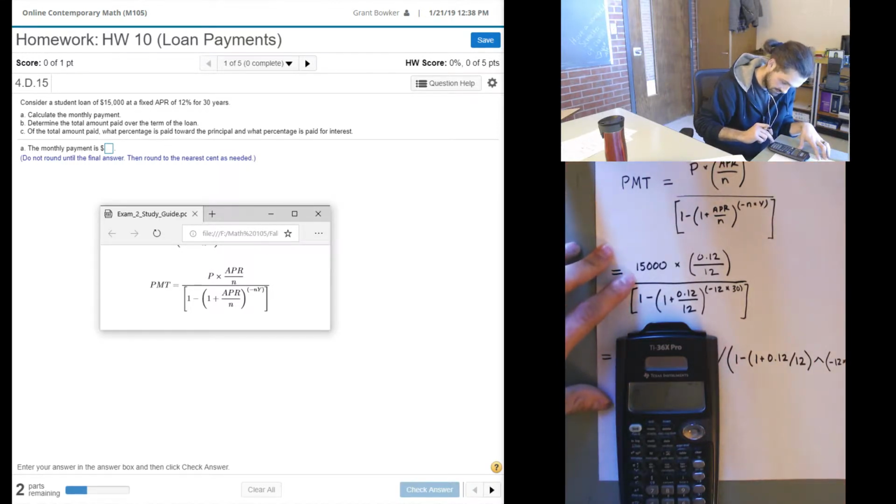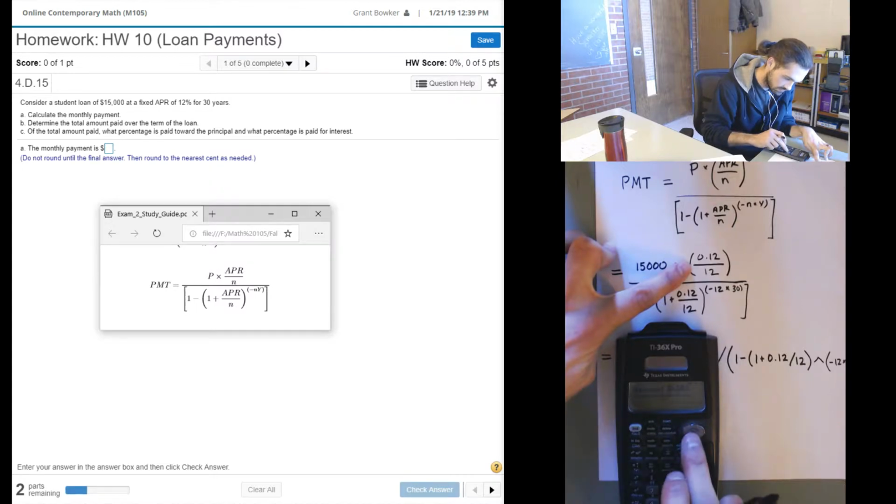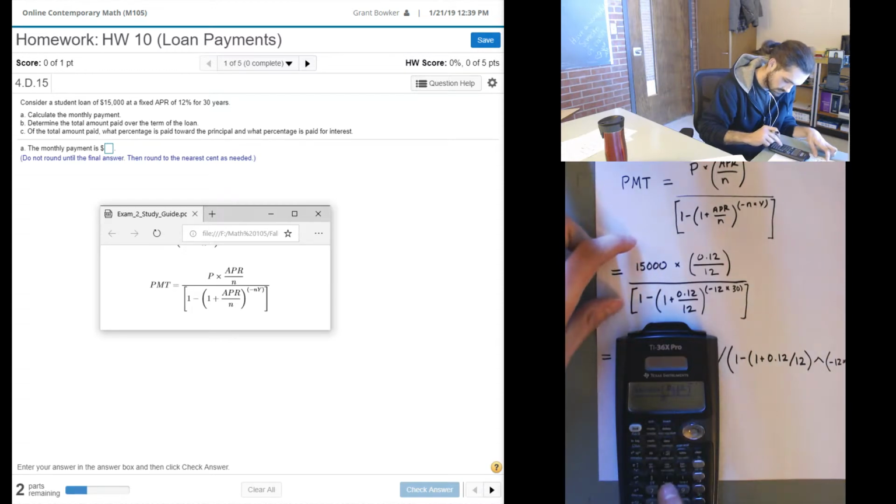I'm going to start a fraction at 15,000 times 0.12 divided by 12, divided by my denominator of 1 minus left parenthesis 1 plus 0.12, and let's insert a denominator of 12, and then I'm going to raise that whole chunk to the negative 12 times 30.